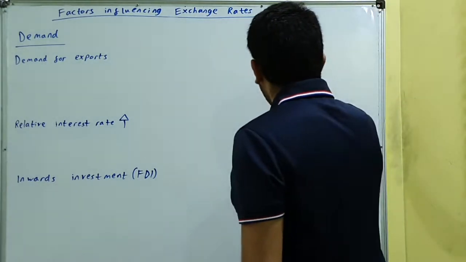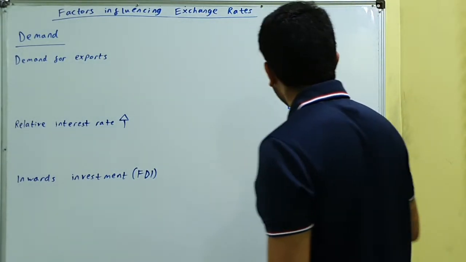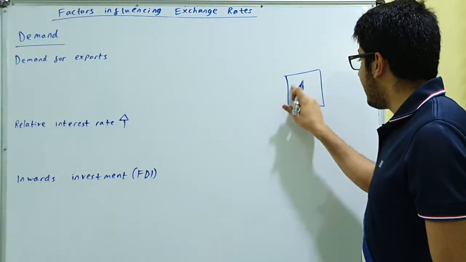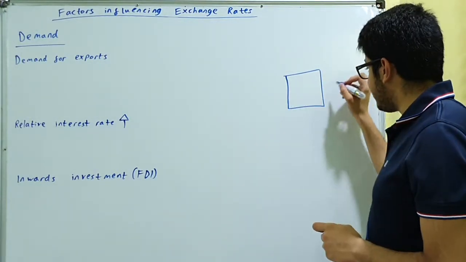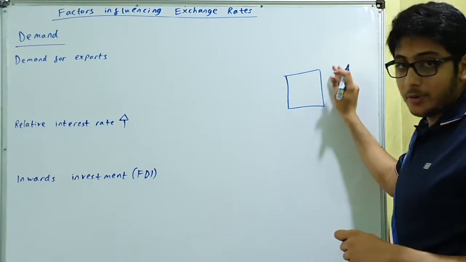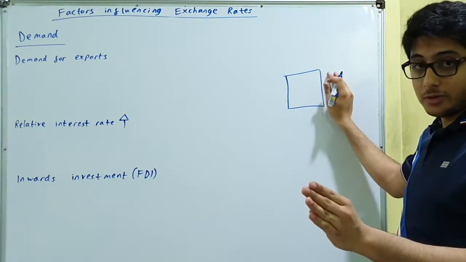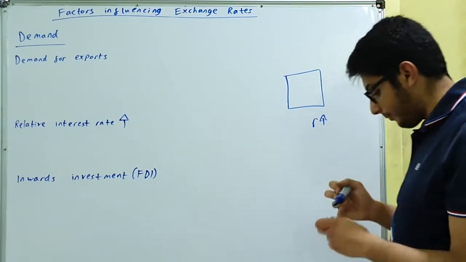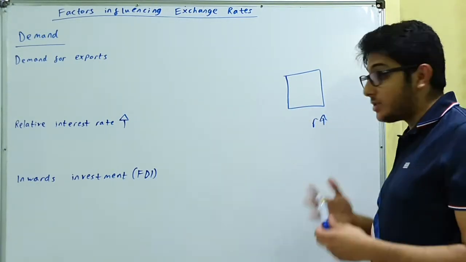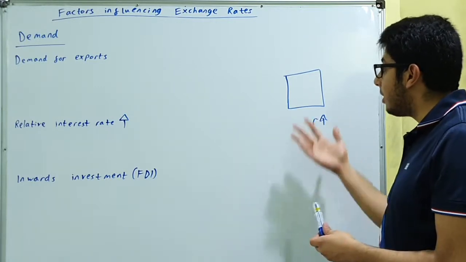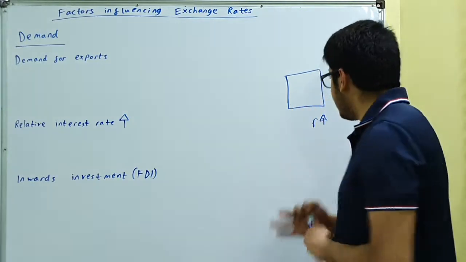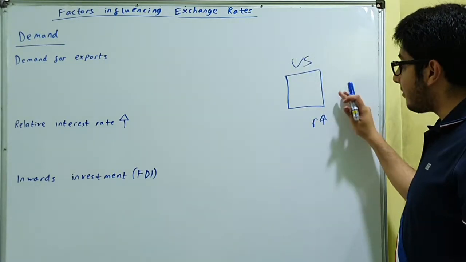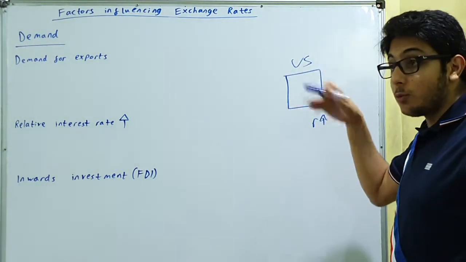So again, we're the US. Here's the bank. And interest rates in the bank go up relative to other countries. If interest rates go up, what does that mean? That means you get a higher return on your savings. If it's a US bank, you can only save in US banks in which currency?